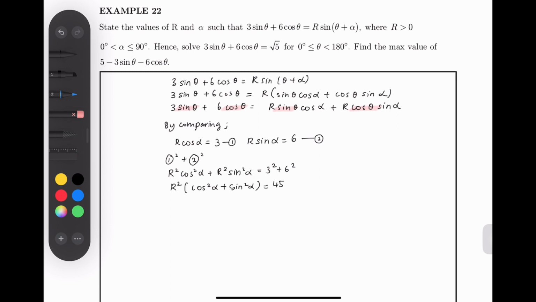So we know from previous knowledge that cos squared alpha plus sin squared alpha equals 1. So r squared equals 45 and r equals plus minus root 45. But since the question said that r is greater than 0, therefore r is root 45.